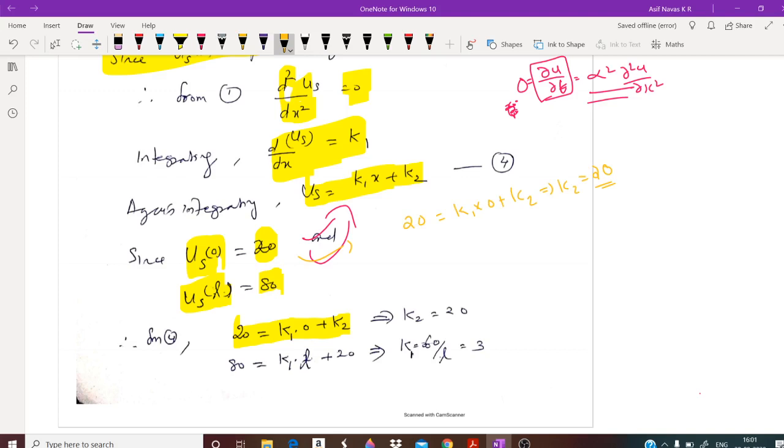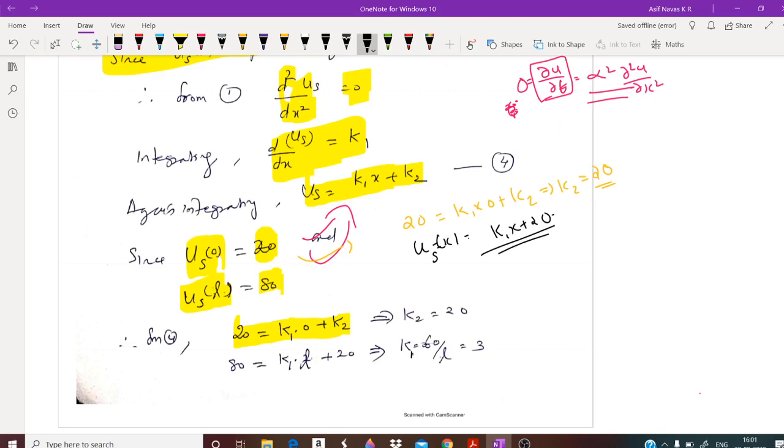So here we get u_s of x is equal to k1 x plus 20.